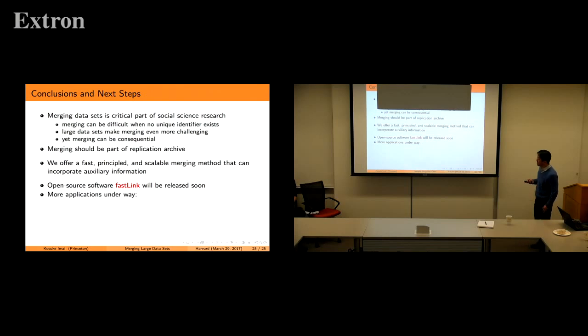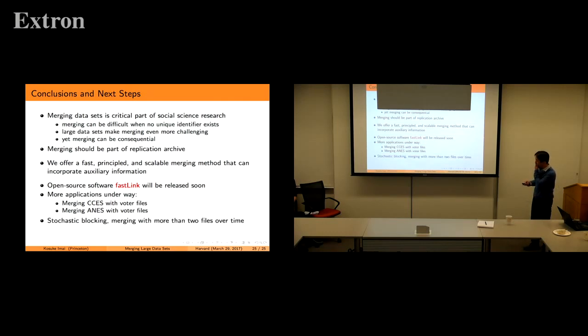We're doing more applications. So we're doing the merging of CCES with voter files. So that's a controversial territory, the voter validation. We also convinced ANES to try our method instead of relying on just the Catalist validation. And another thing we are interested in is the stochastic blocking.